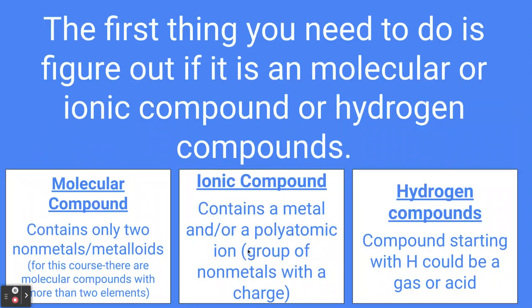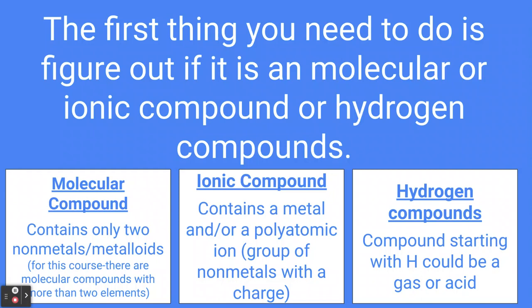So the first thing that we have to think about when we are figuring out naming and formula writing is what kind of compound we're dealing with. Are we dealing with a molecular compound, an ionic compound, or a hydrogen compound? A molecular compound is going to contain only two nonmetals or could have a metalloid as well.